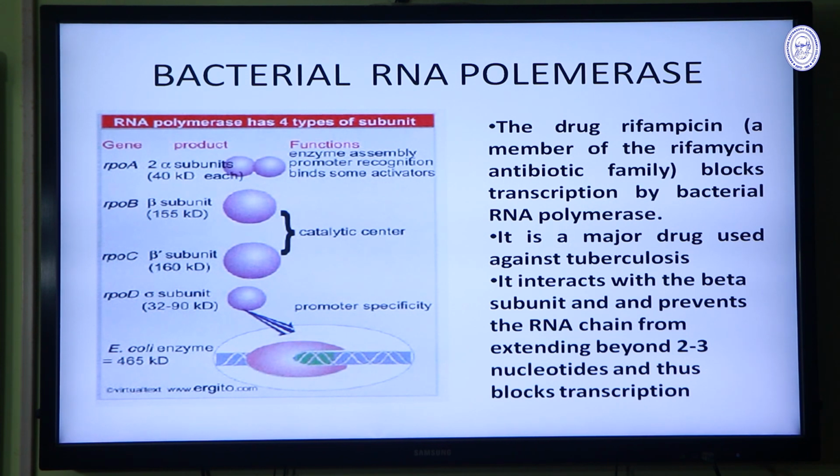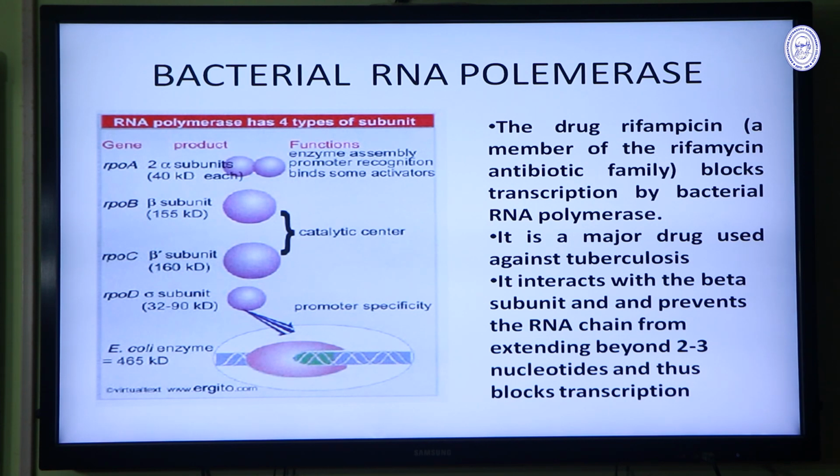It is a multimeric protein, made up of basically 4 to 5 subunits. So, you can see here there are 2 alpha subunits. Each alpha subunit has a molecular weight of 40 kilodalton, and it is produced from the gene RPOA.